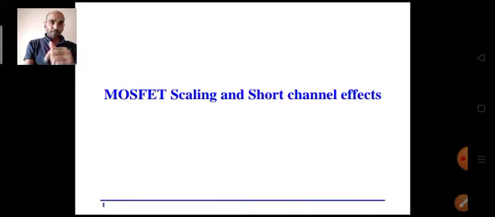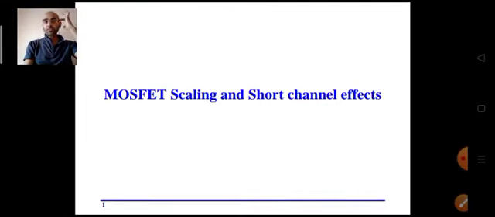So scaling means changing of the dimensions. As I have told you, it can be an increase or decrease of the device dimension, but usually, as we are advancing and the device dimensions are reducing, our basic concern is to scale down the device.